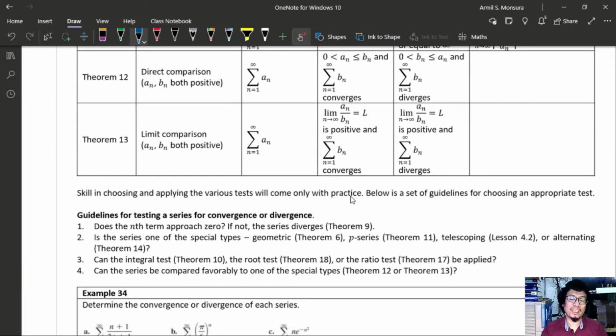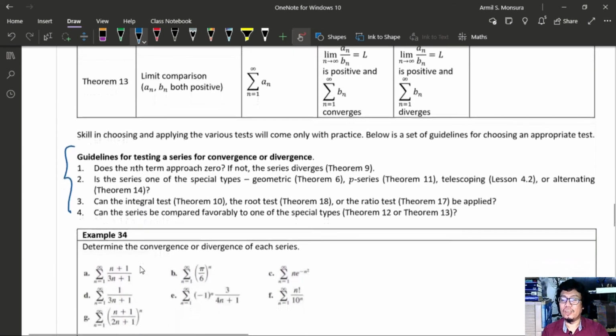So again, it is suggested that you find books or texts which present this lesson, so that you can look for exercises, use these guidelines, and later have mastery of determining which test applies to a certain series.